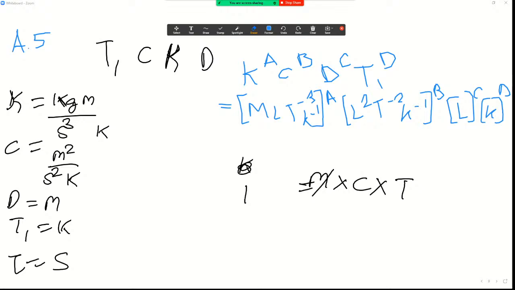Or I guess we have done the dimensional analysis wrong. We have taken these four parameters wrong. Okay.